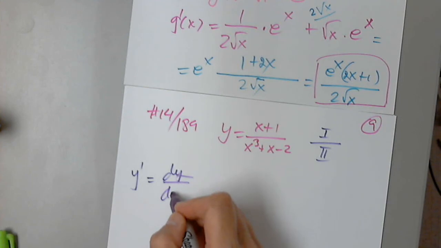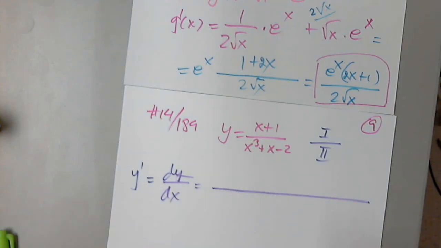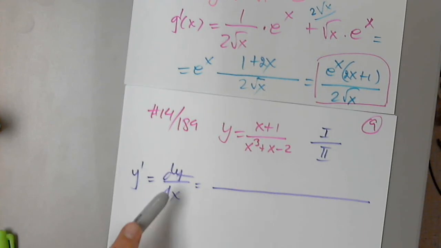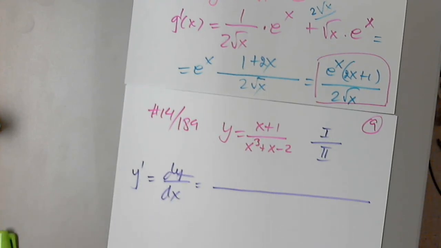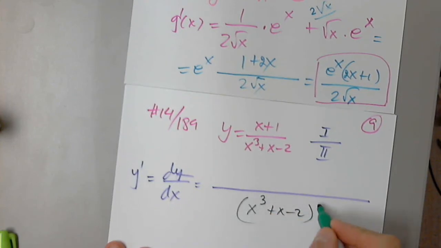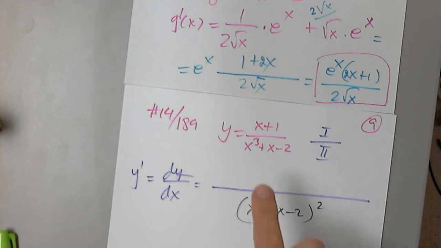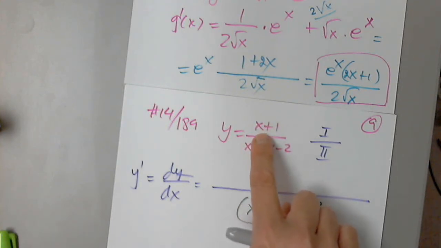Okay, so this is also dy over dx. Do I need both notations? No, I just want you to get used to the second notation because when we get to implicit differentiation, we have no choice. We have to use this. It's wiser to use that. Okay, the denominator is x cubed plus x minus 2 to the second power. And the numerator, can anyone give us the derivative of the numerator?